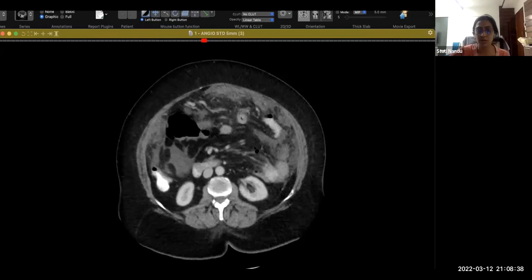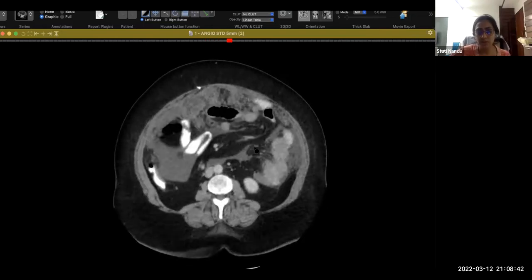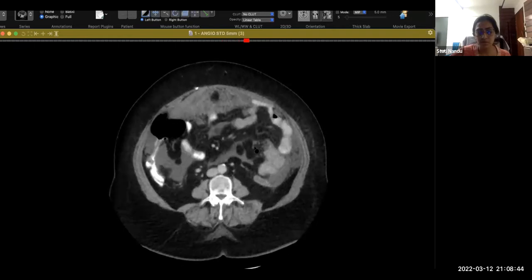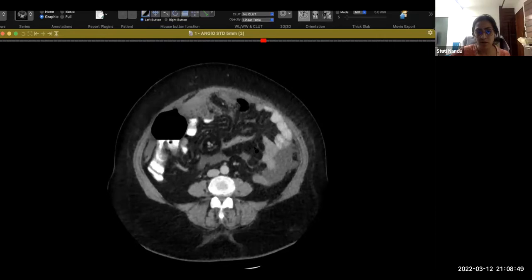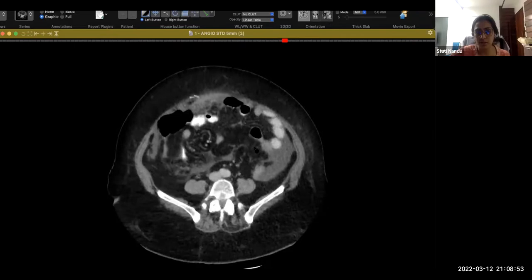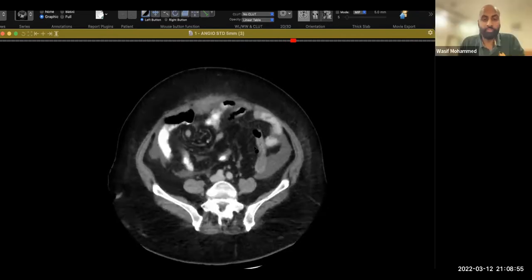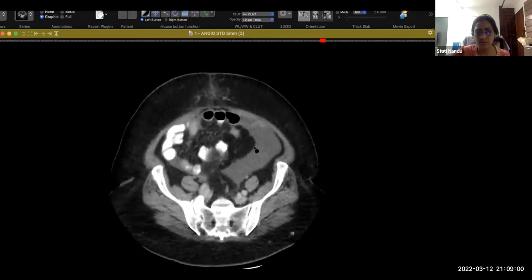Right. Okay. So I am provided with a portovenous phase of the post-contrast axial CT images of an adult patient. I can see that there is free fluid and significant omental fat stranding noted on the scan.